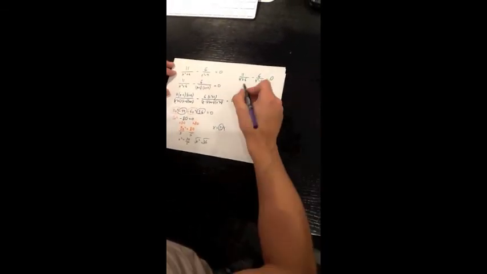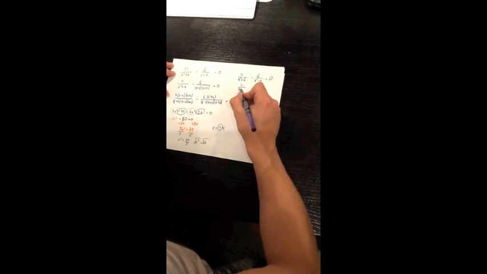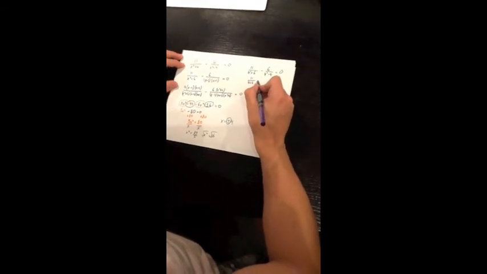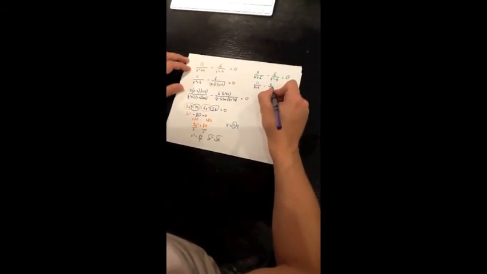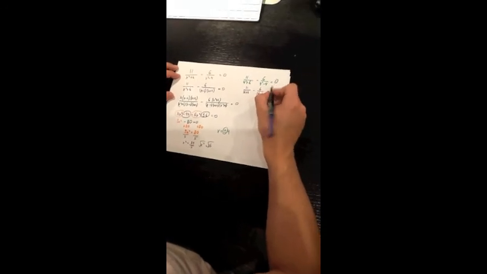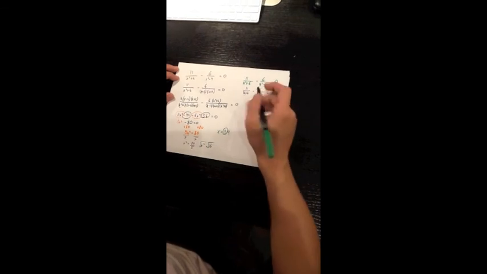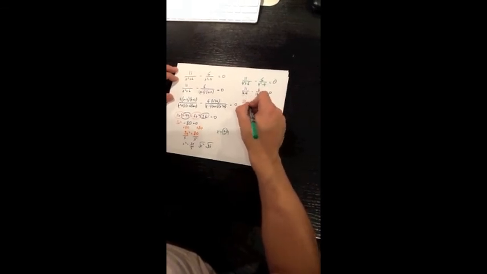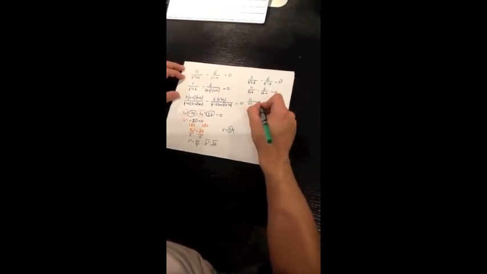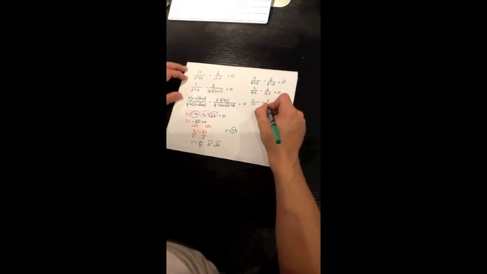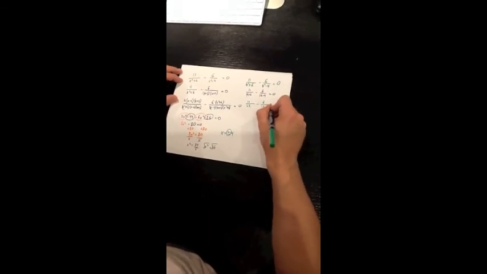Perfect. So now what we're going to have is 11 over 16 plus 6 minus 6 over 16 minus 4 is equal to 0. Now after we add this, we're going to have 11 over 22 minus 6 over 12 is equal to 0.